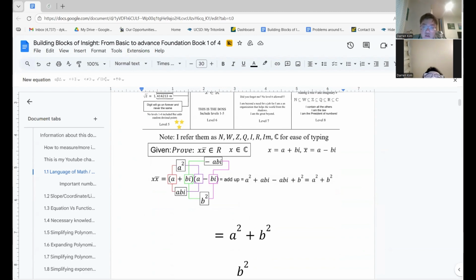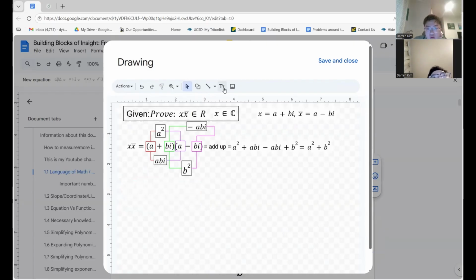a and b positive, greater than, so it should be. You can see the imaginary part drops, so we can. Okay, the imaginary part is dropped, so we can do this.